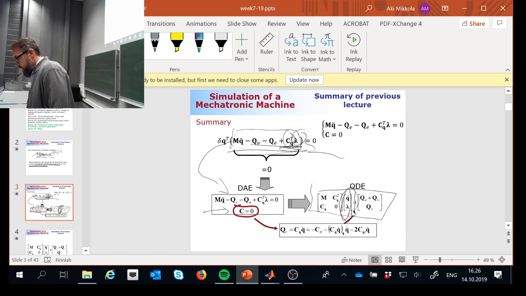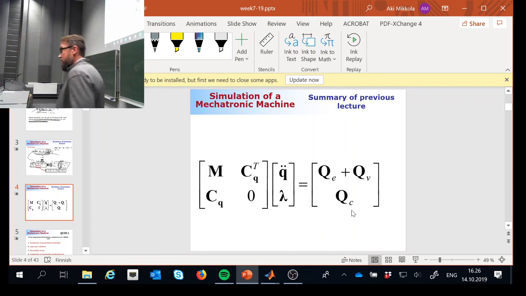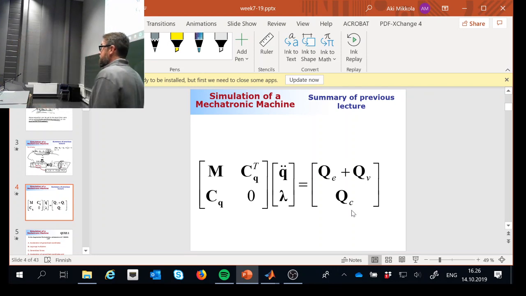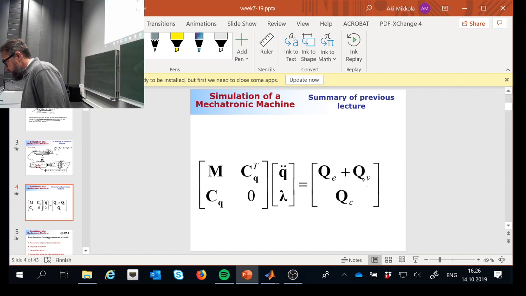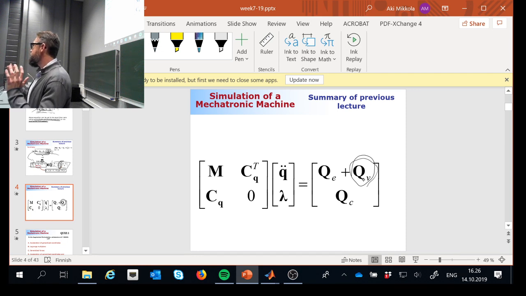Now, here's a summary. This is how it looks. Thinking again about the midterm exam, I could ask: what is this particular component, and what is its physical interpretation? Well, that's the quadratic velocity vector. The quadratic velocity vector accounts for the centrifugal forces due to rotation. This could be the level of knowledge you must master for each of these components.